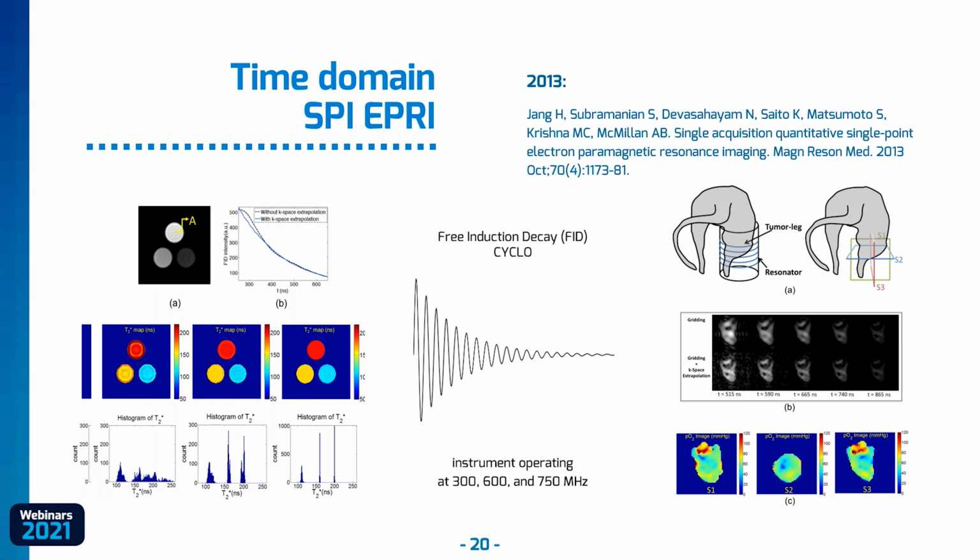The combined application of gridding and decay space extrapolation enables pixel-wise quantification of T2* from a single acquisition with improved image quality across a wide range of phase encoding time delays. The calculated T2* to PO2 does not vary across this time range.